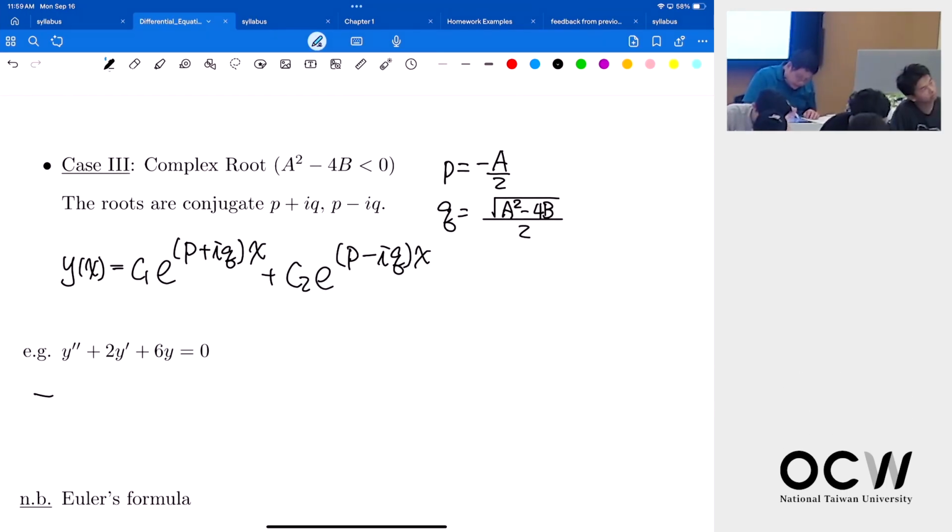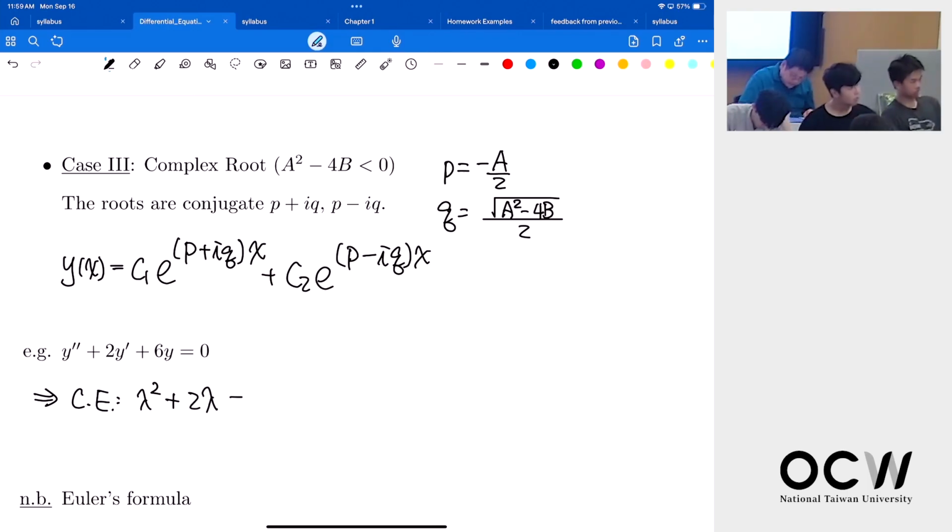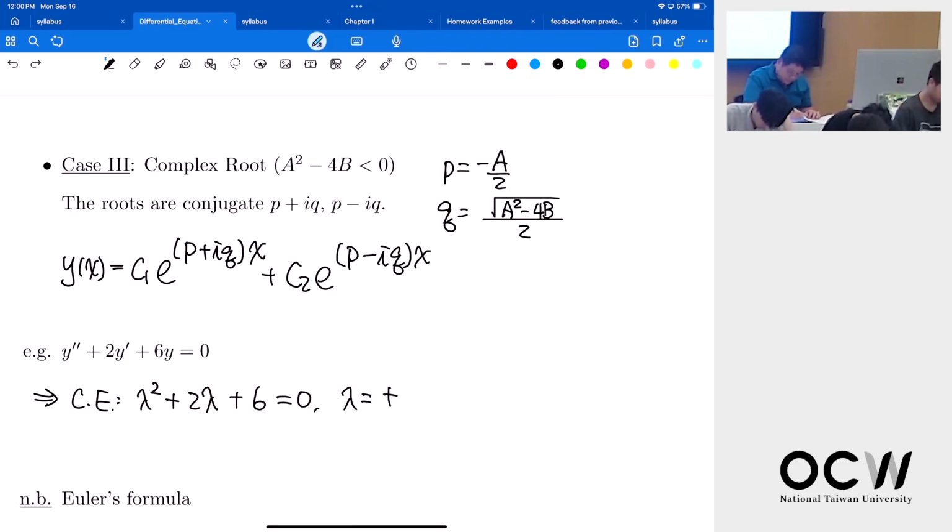So here is the example. The characteristic equation is lambda squared plus 2 lambda plus 6 equals 0, and lambda is minus 1 plus or minus square root of 5 i.